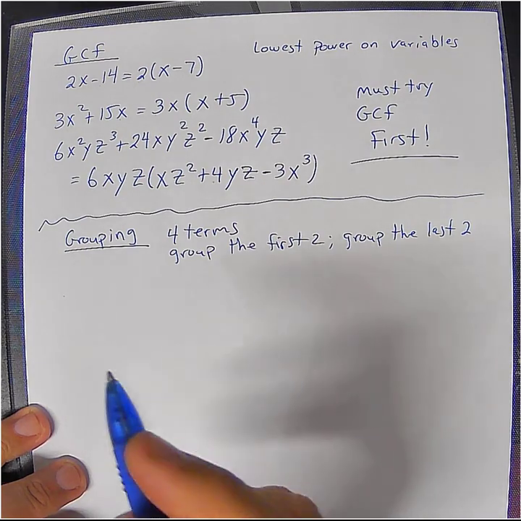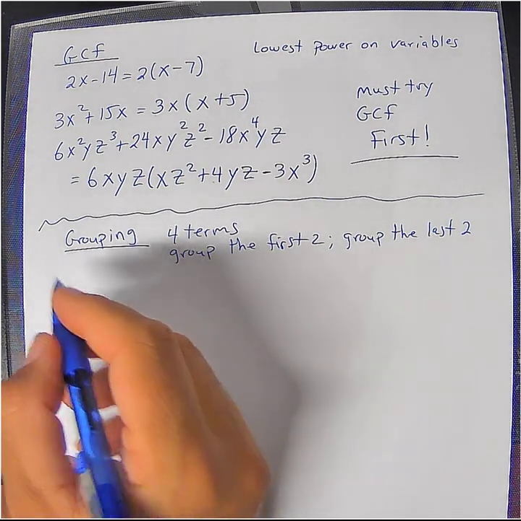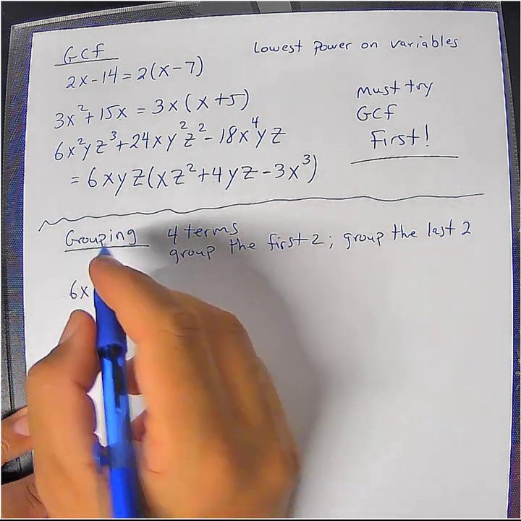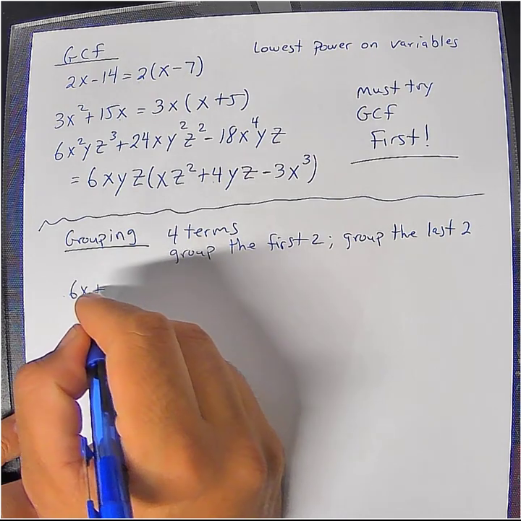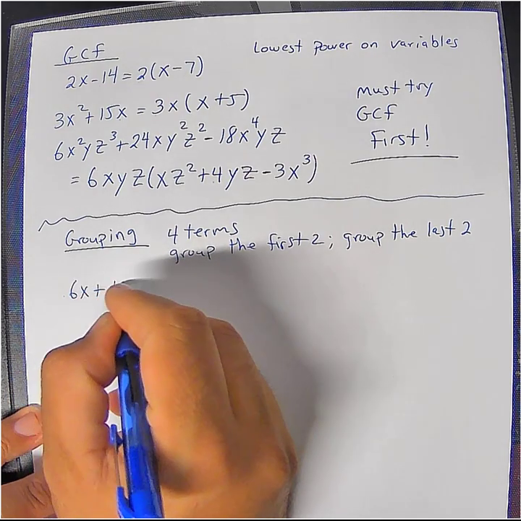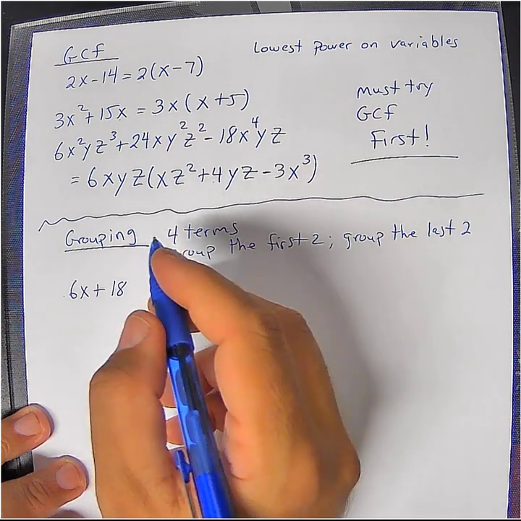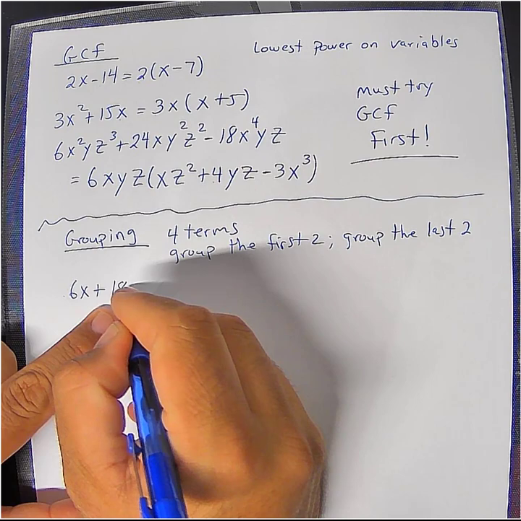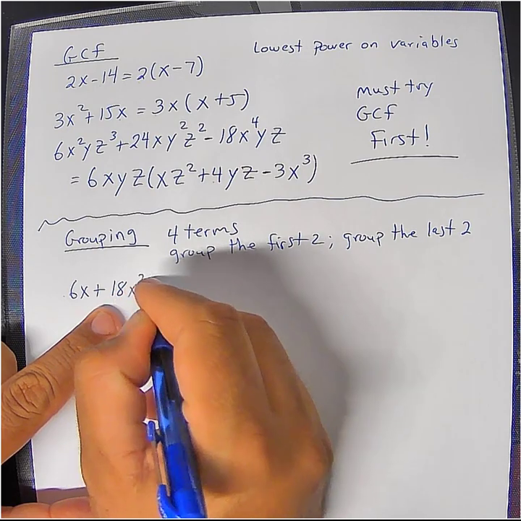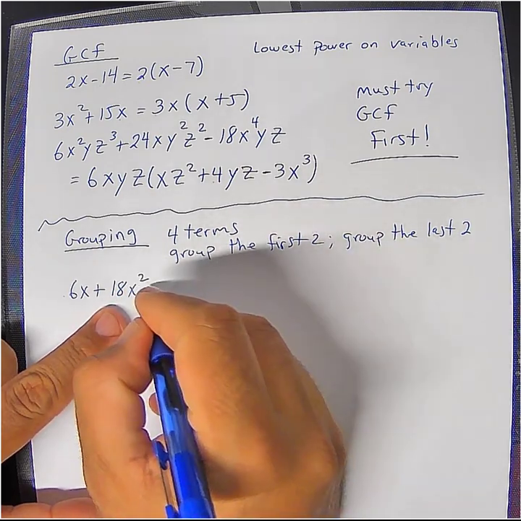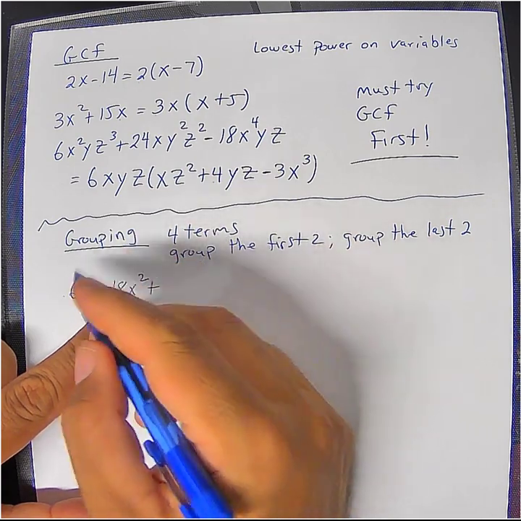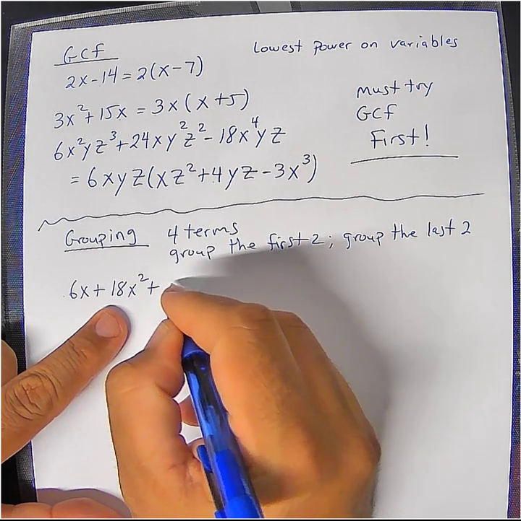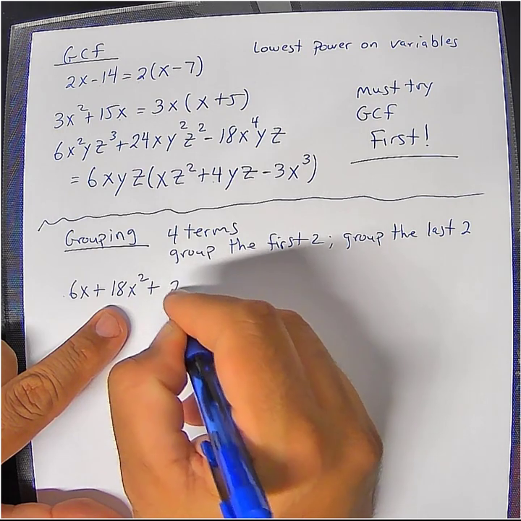Okay? So, for grouping, let's do 6x plus 18 plus 18x squared plus 21x.